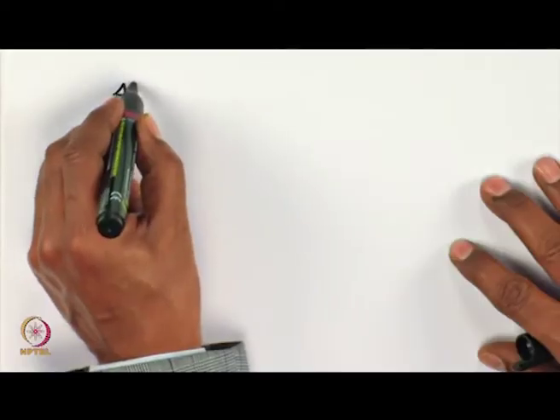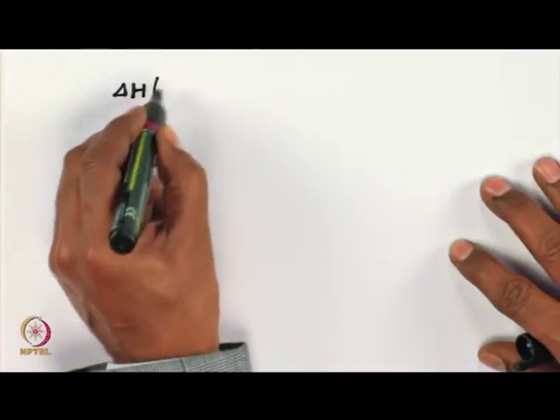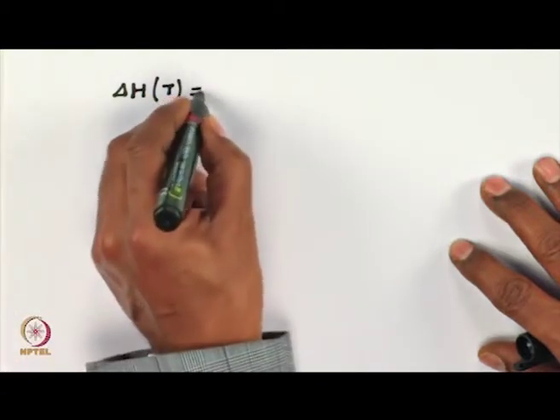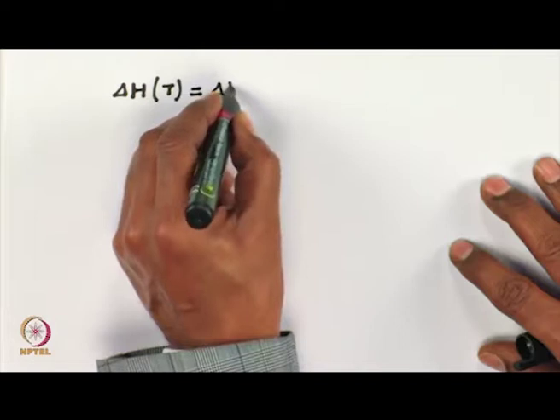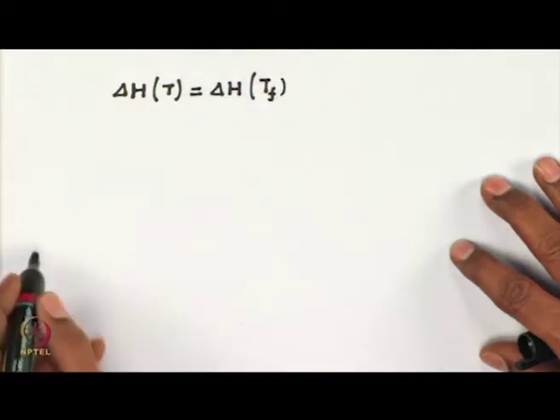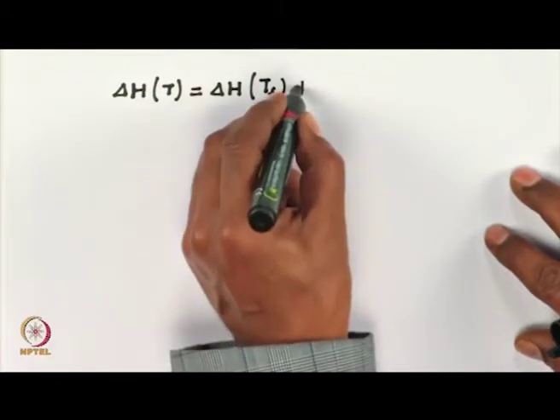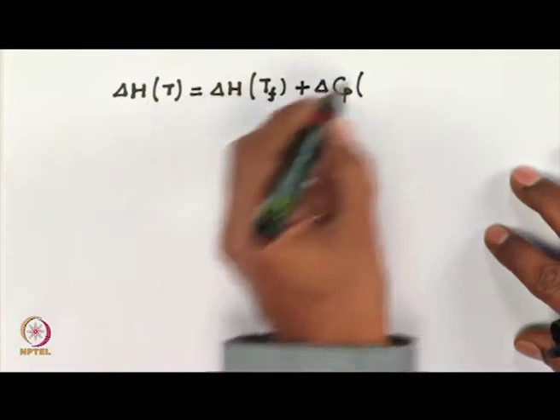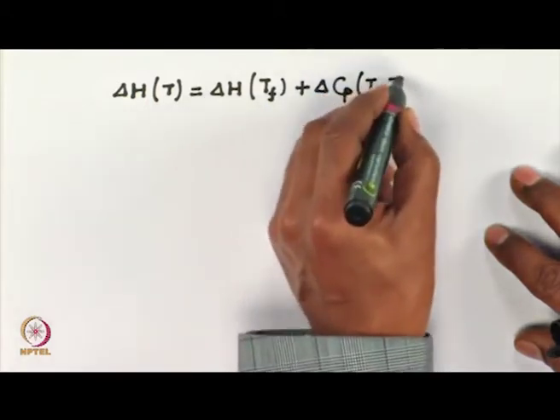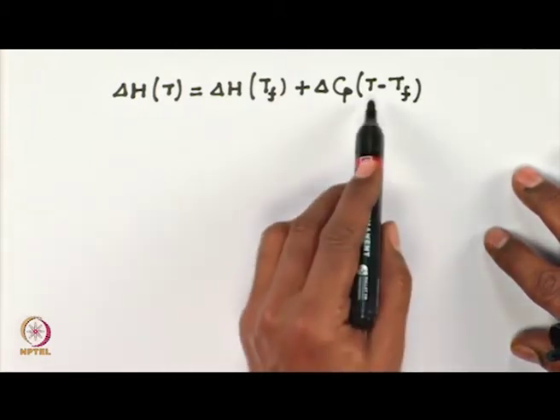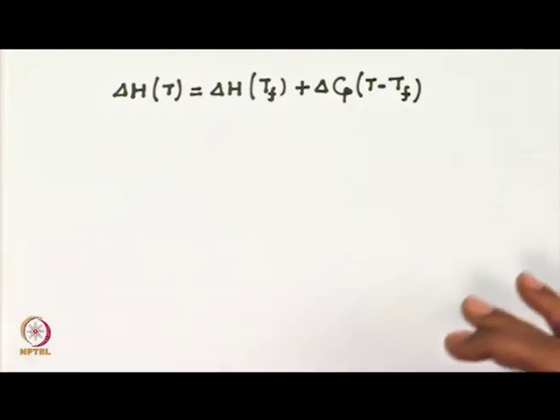Delta H at any temperature, I can calculate from the knowledge of delta H, let us say at the freezing point, plus delta Cp into T minus Tf, where T is any general temperature.